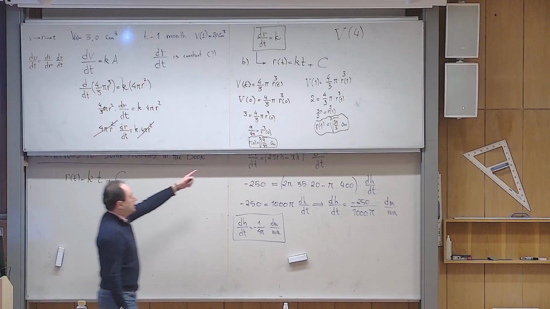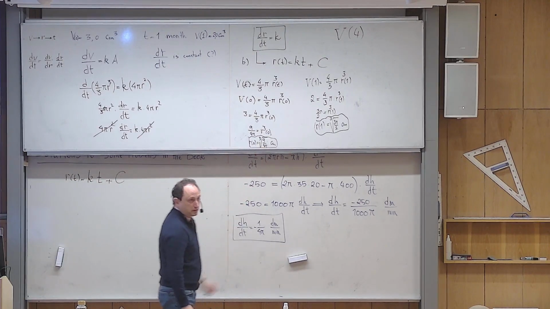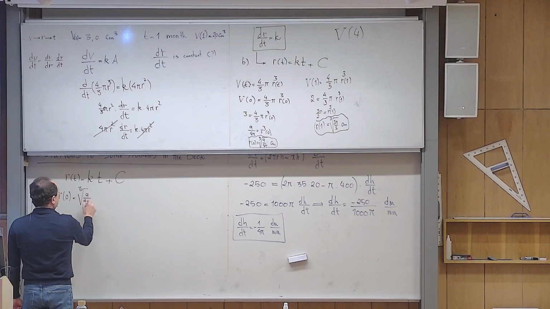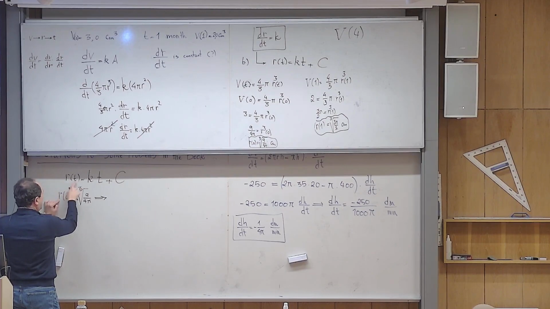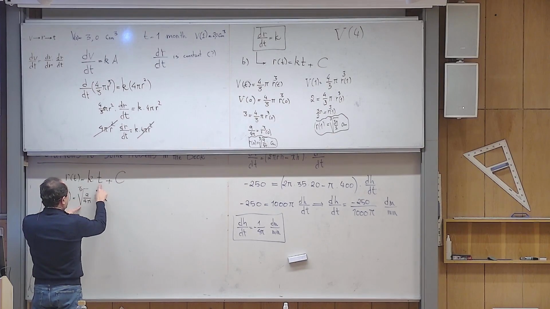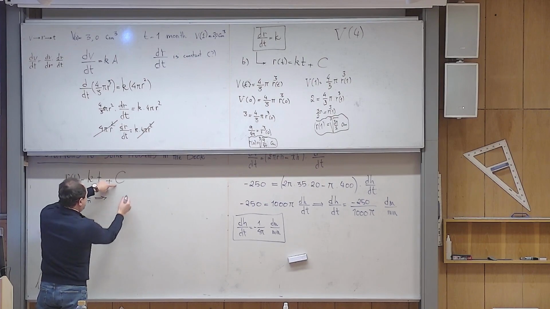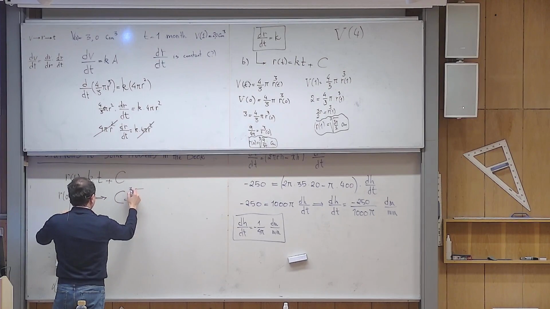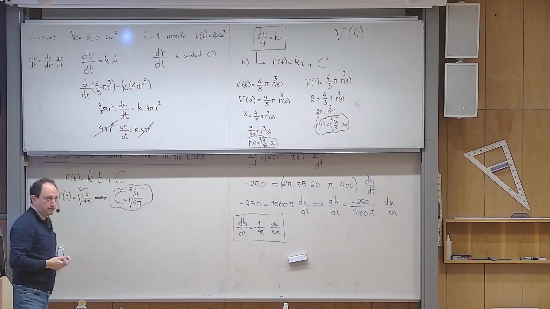But we also realize that R at 0 is this number. So this means that R at 0 is the third root of 9 over 4 pi. What does it mean? It means that if you go to R, replace t with 0, the answer is supposed to be this value. So I do the same thing. I go to R, replace t with 0, I get c. It's supposed to be this number. Is that understandable or not? So this unknown is actually found now.